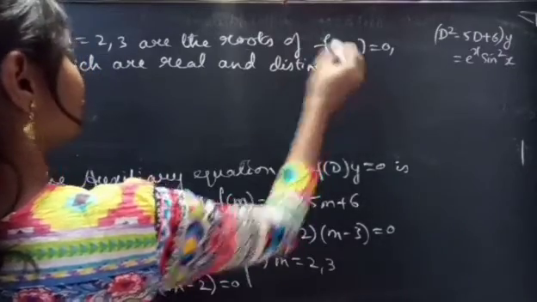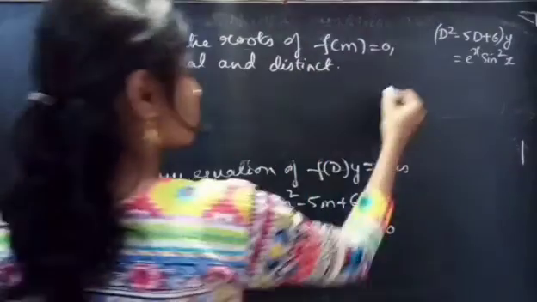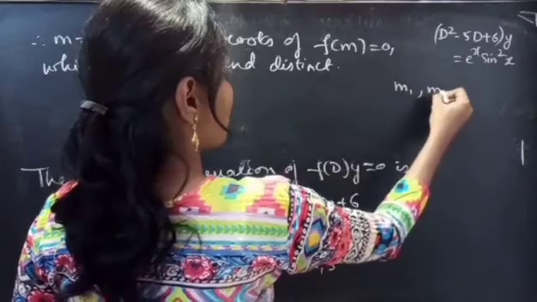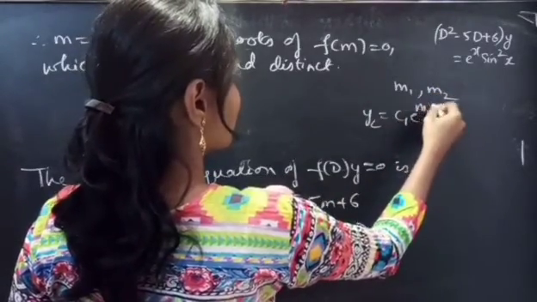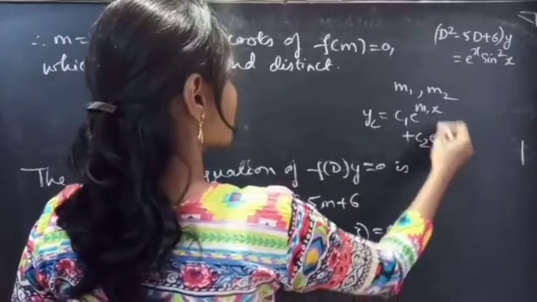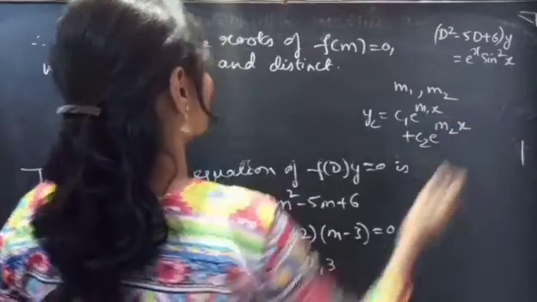We know that when two roots, say m1 and m2, are real and distinct, then yc will be one constant times e to the power of one root times x plus another constant times e to the power of the other root times x.